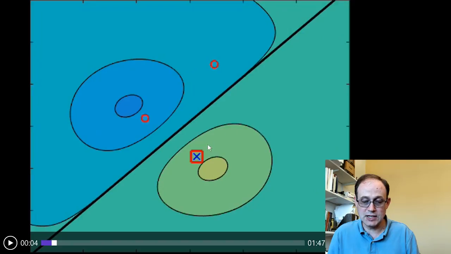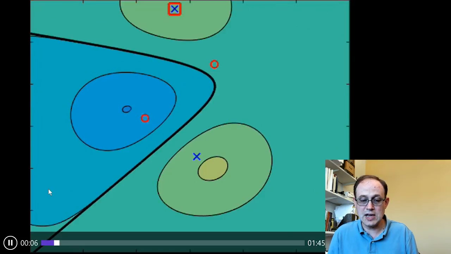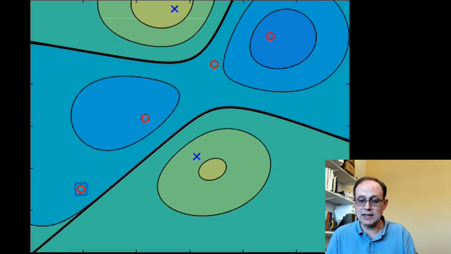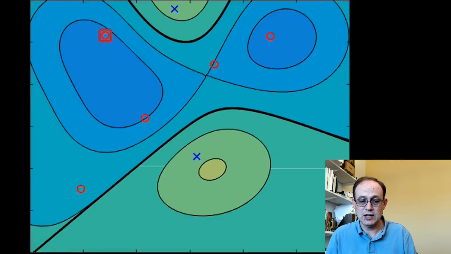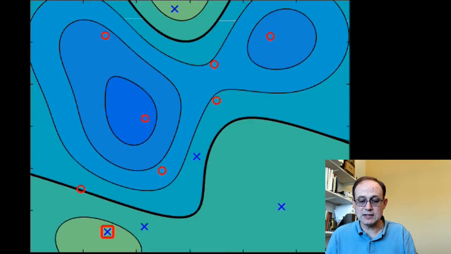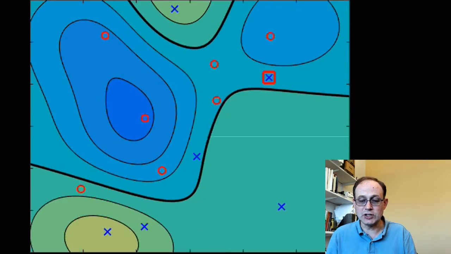There is a positive training example, and the discriminant function was negative, so we added a Gaussian bump centered there, and now you can see the decision boundary between this positive example and that negative example. If you keep going forward, you'll see another example that we made a mistake on, and we keep adding these Gaussian bumps. We don't always add Gaussian bumps, we only add them when we make a mistake. It animates how the discriminant function changes.